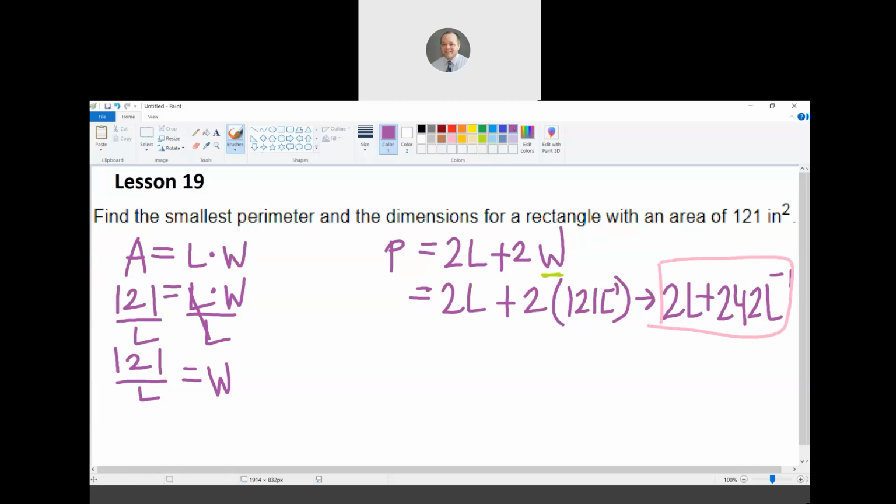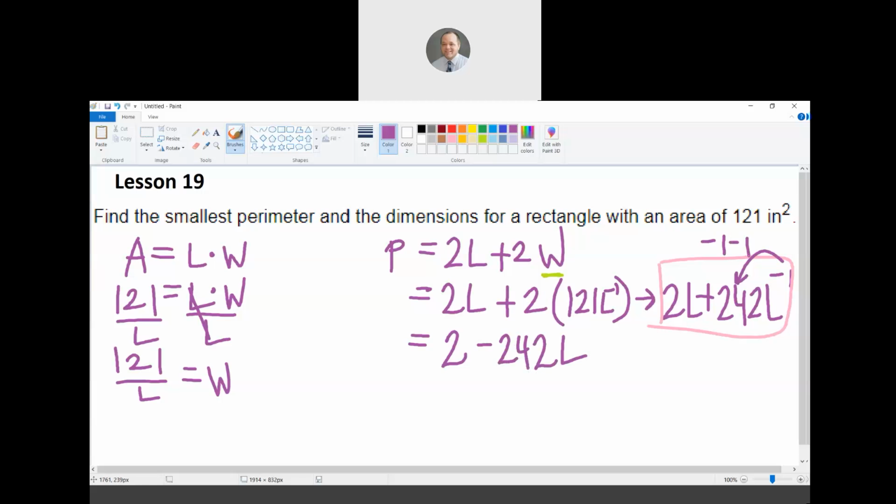The derivative of 2L is just 2. We use the power rule to find the derivative of our second term. So we'll move the exponent to the front and multiply it by the 242. So that gives us negative 242.